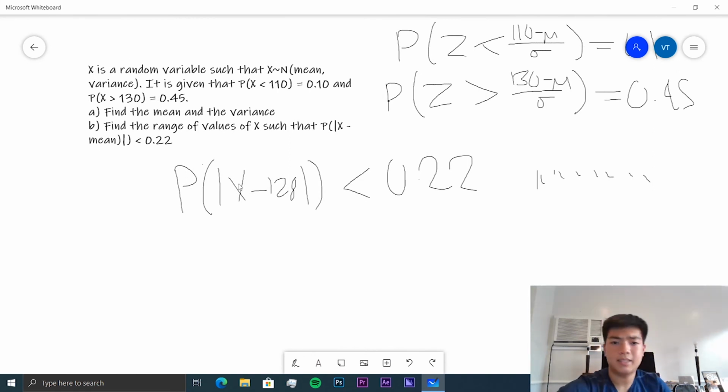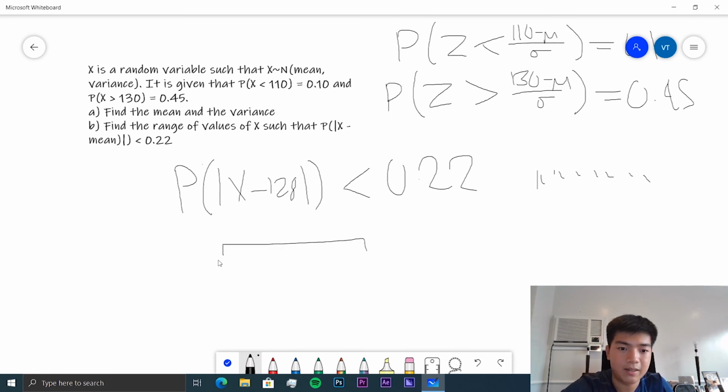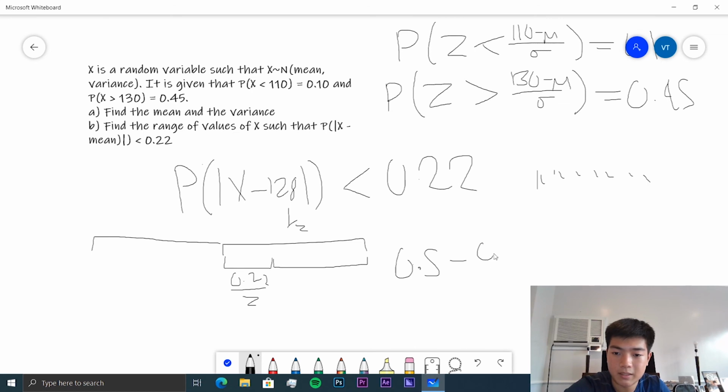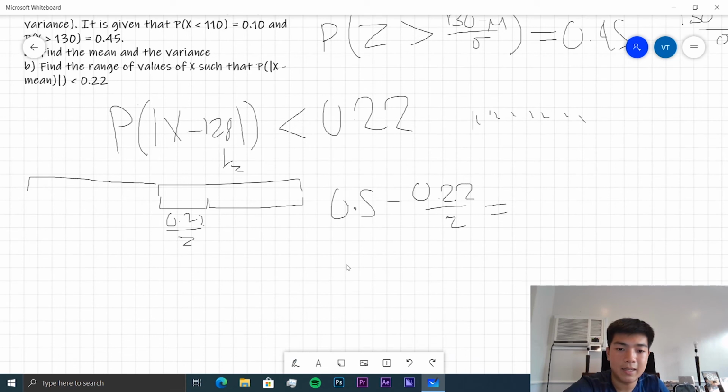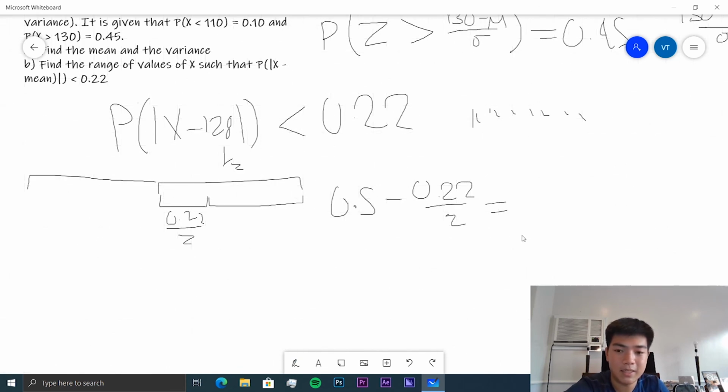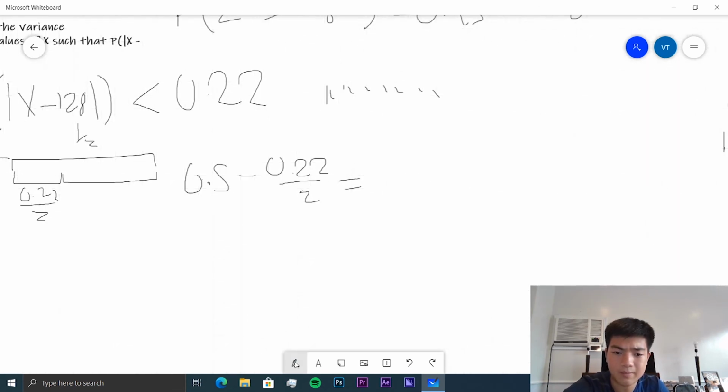We need half of the values of x to be above the mean and half below. So of this half, we need only 0.22 over 2 of them to fall into the category, and the rest fall outside. So we have 0.5 minus 0.22 over 2, which is 0.39.